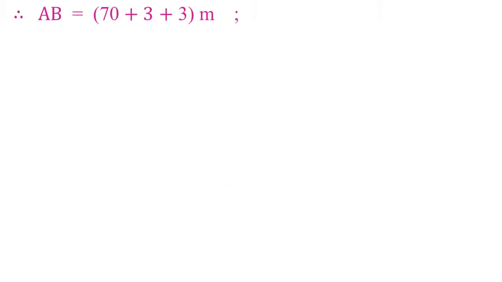Let's find outside rectangle length, that means outside garden length. Therefore AB equals inside garden length 70 meter, path wide 3 meter. Therefore AB equals 70 plus 3 meter, we get 76 meter. This is outside rectangle length.